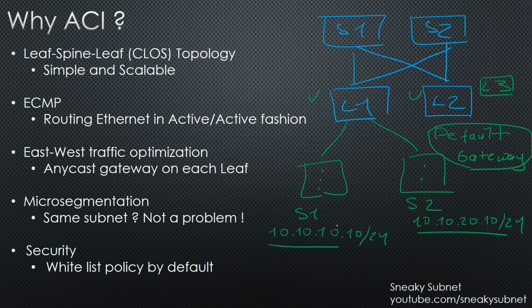So when server 1 wants to talk to server 2, it has to traverse only leaf 1. Routing will happen here on leaf 1.